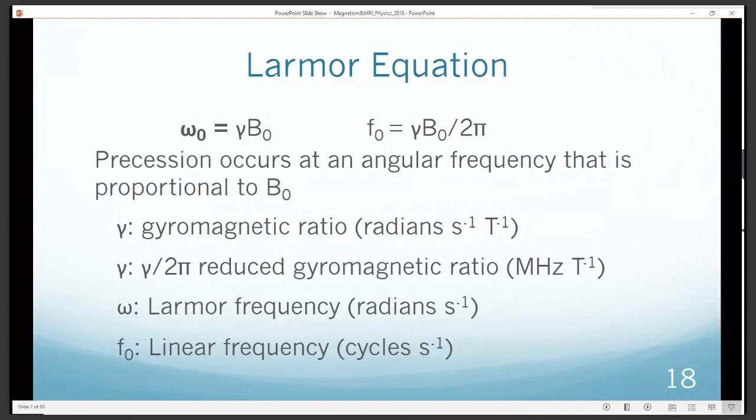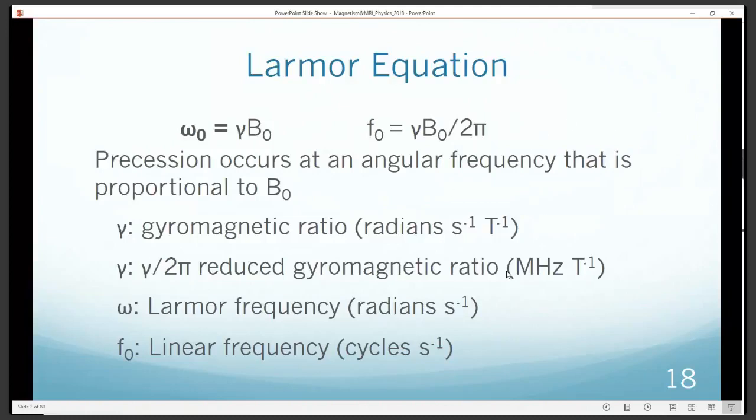This can be characterized to a degree by what is known as the Larmor equation, which relates the frequency of magnetic resonance, which is related to the energy difference between those states, to the applied magnetic field strength.